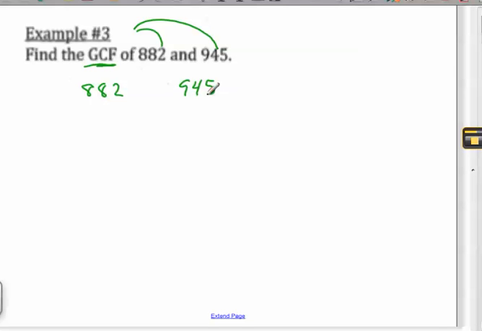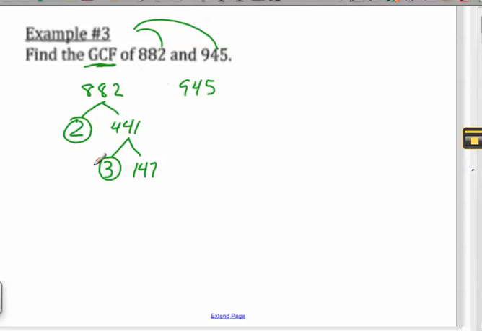Okay. Let's see. 2 times 441. All right. Now 2's prime, but who knows what goes into 441? 147. 147 times 3. Okay. All right. Let's go with that. 3 times 147. What about 147?